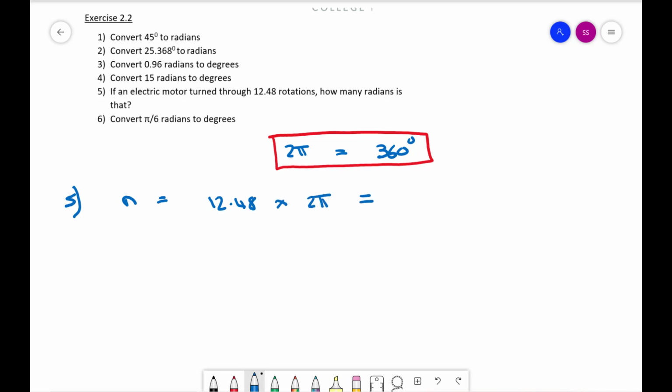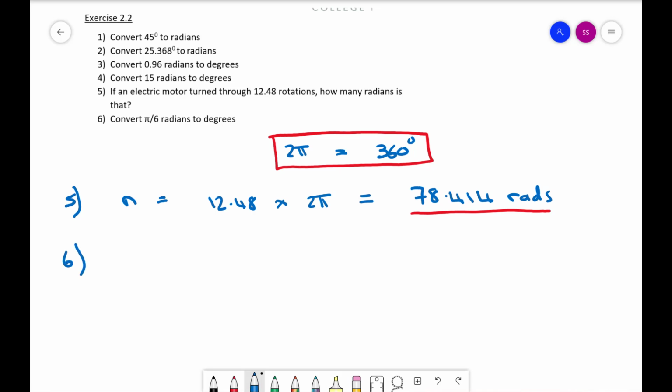That's all there is to it. So 12.48 times 2 times pi equals, and this gives me 78.414, and that's in radians. So it looks a little tricky for number 5, but it's actually very simple. There's just 2 pi radians in a revolution.